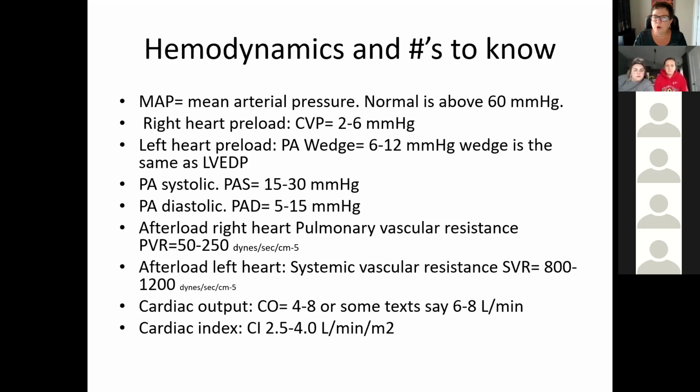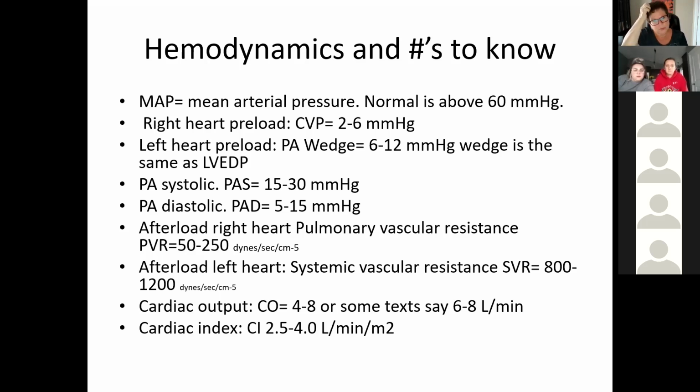However, the breakdown of anaerobic metabolism is lactic acid, and our body does not like to be acidotic. So having a blood pressure below 60 leads to ischemia, which leads to the buildup of lactic acid, which can really play havoc with everything. Our heart hates to be acidotic, hates it.